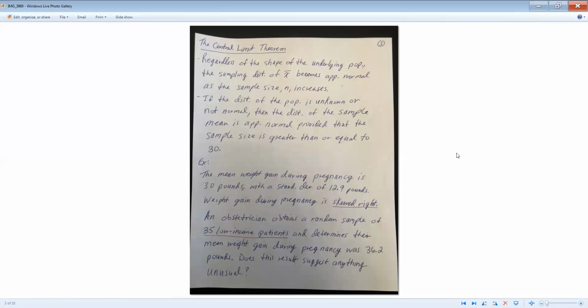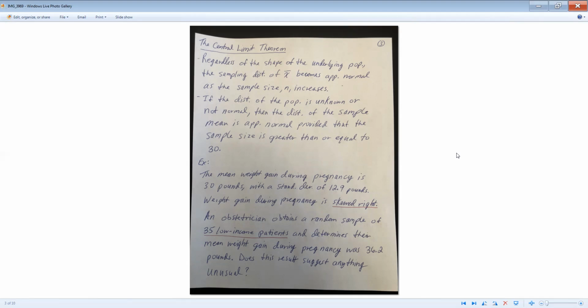All right. Central limit theorem. Regardless of the shape of the underlying population, the sampling distribution of x bar becomes approximately normal as the sample size n increases. So as we increase the sample size, we can get an approximately normal distribution, no matter what the population distribution is. And that's very key because once again, we need a normal distribution in order to use our z-score application.